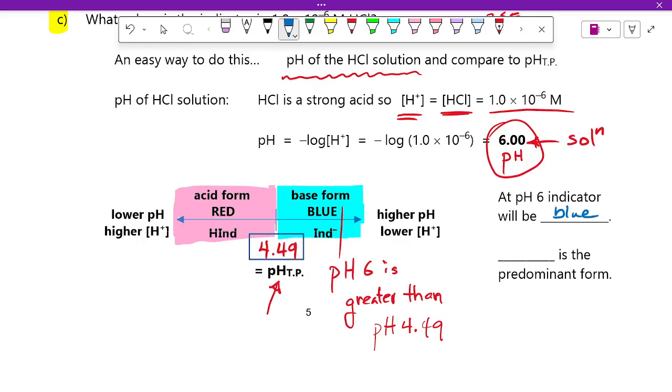And that means that what is the predominant form of the indicator? What's the predominant form of the indicator?